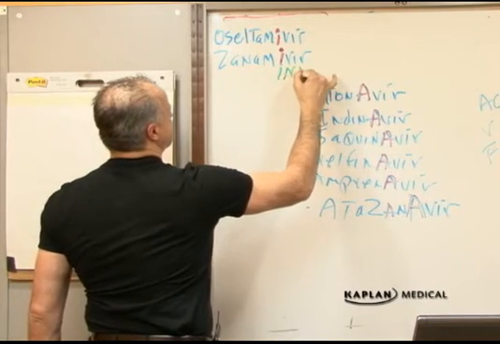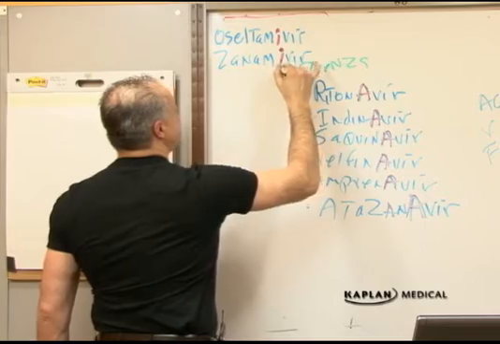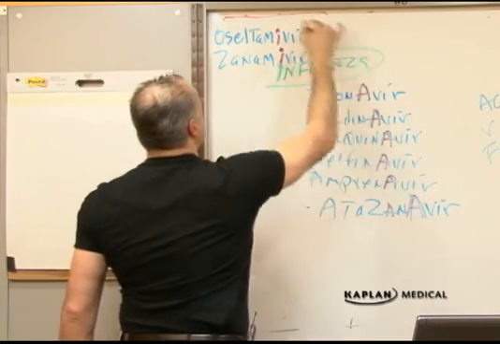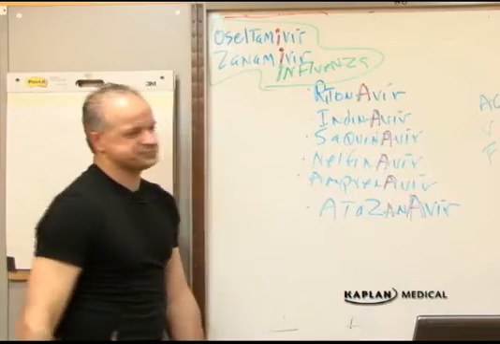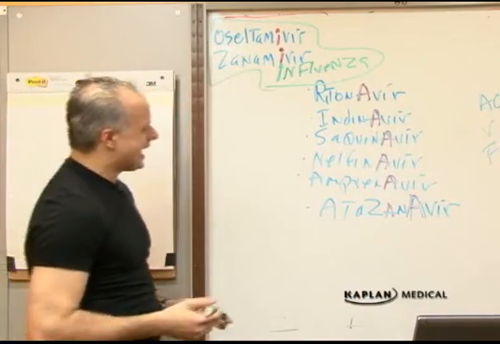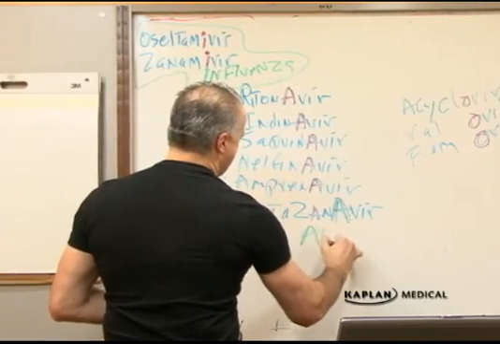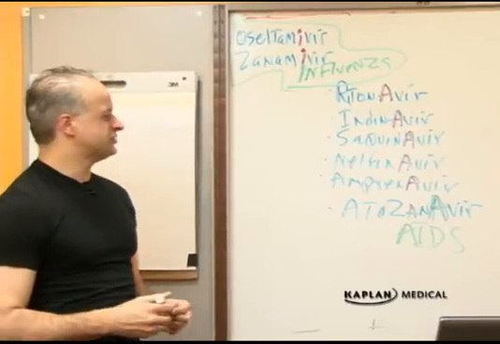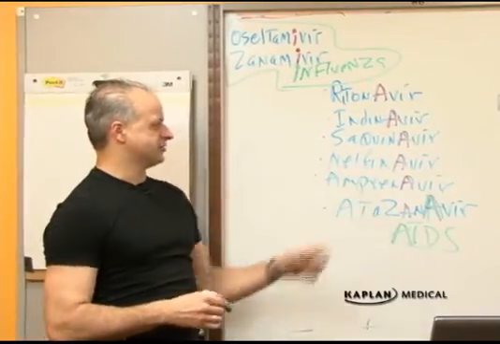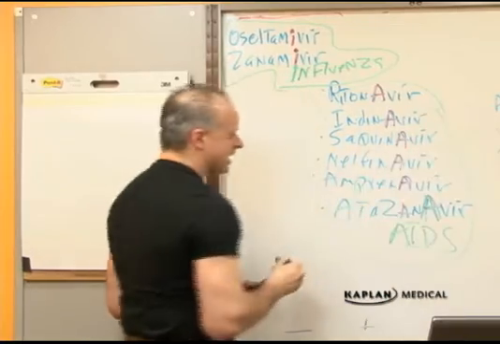The -ivir drugs are influenza drugs. Coming at you, Sunday, Sunday, Sunday, influenza. The -avir drugs are for AIDS. These are protease inhibitors.